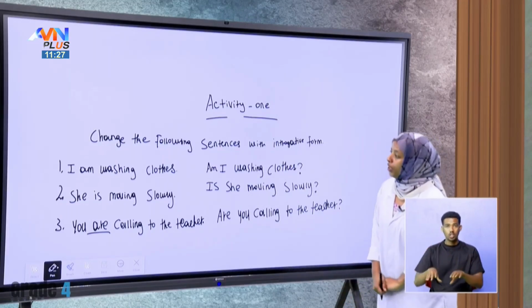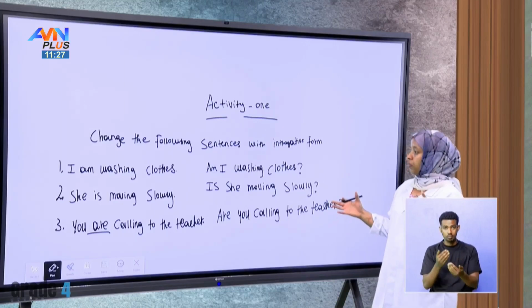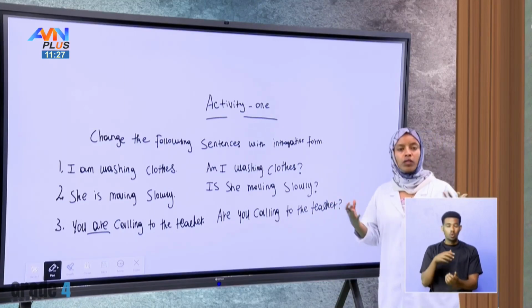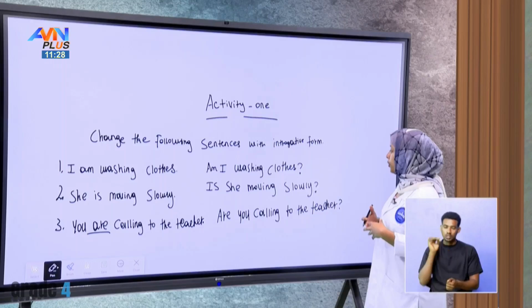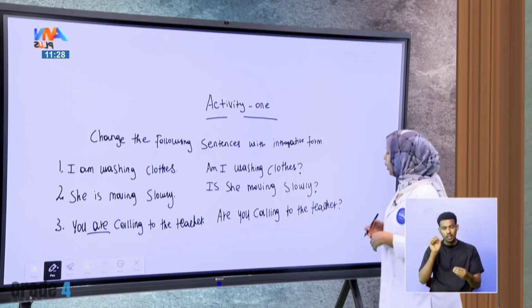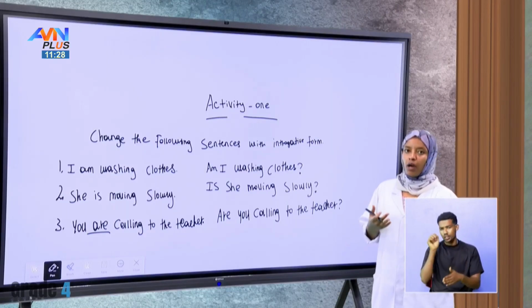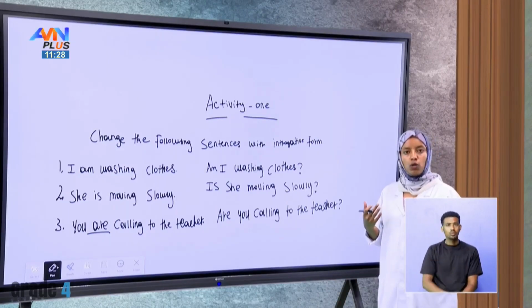Students, for example, you can answer easily, am I washing the clothes? Yes, I am. Is she moving slowly? Yes, she is. Are you calling the teacher? Yes, I am. Yes, you are also.